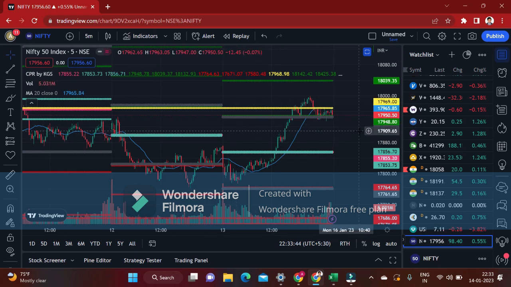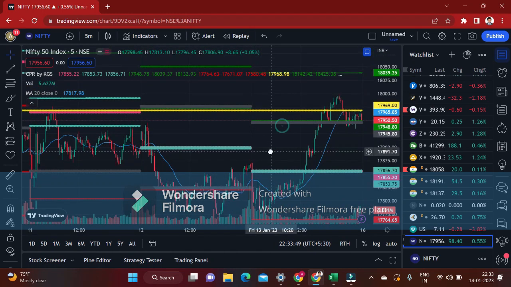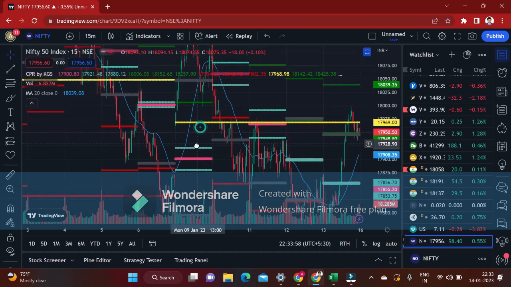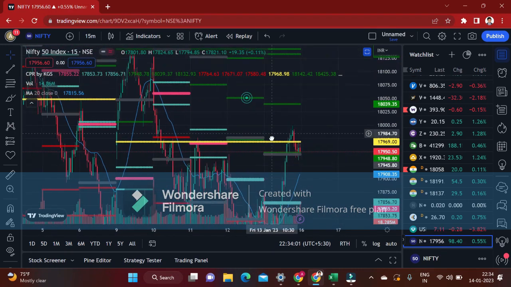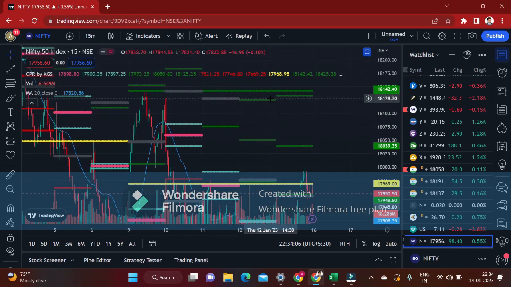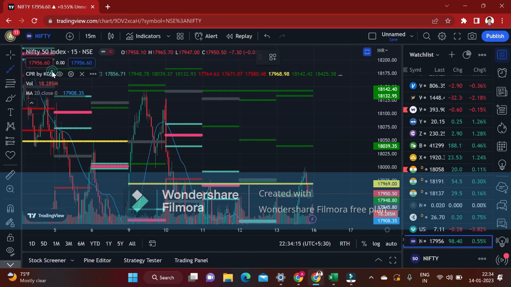Apart from that, when you do the pre-market analysis, you have to go to a slightly longer time frame, let us say the 15-minute candle. Here you have to mark the level where the market has come down very fast. Suppose this one, you can mark here with a ray.